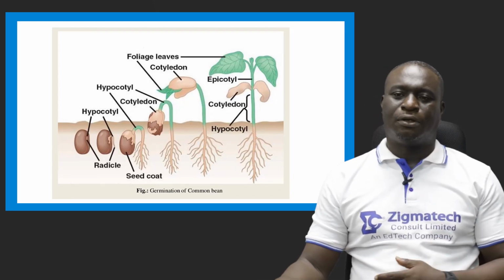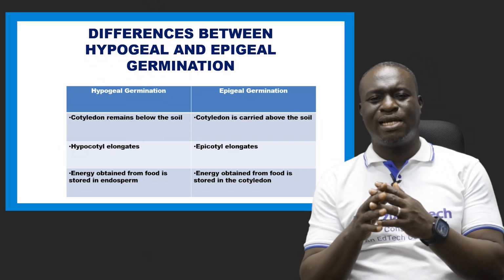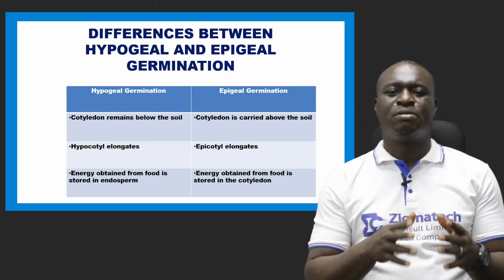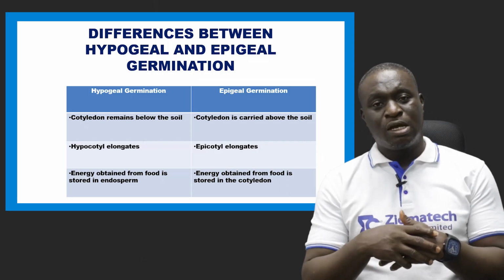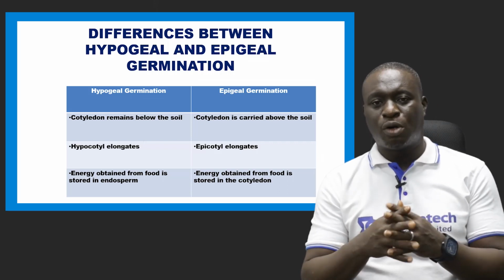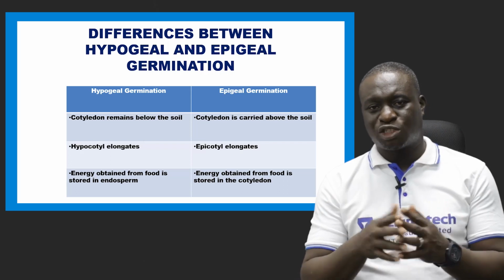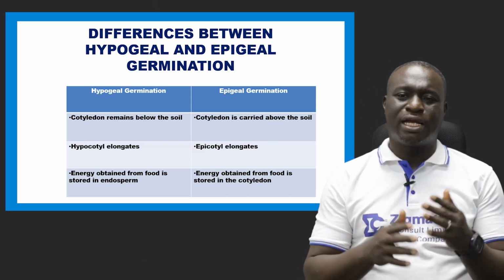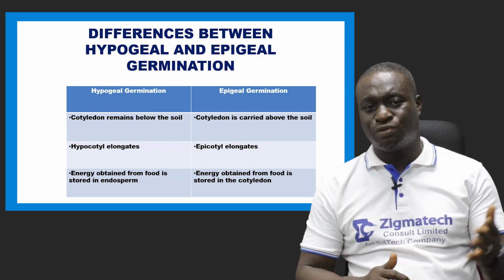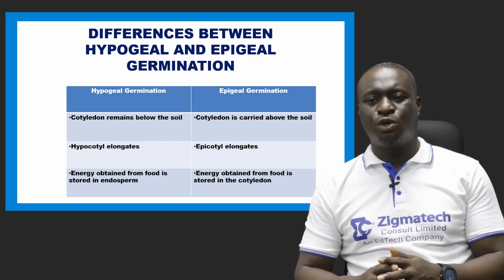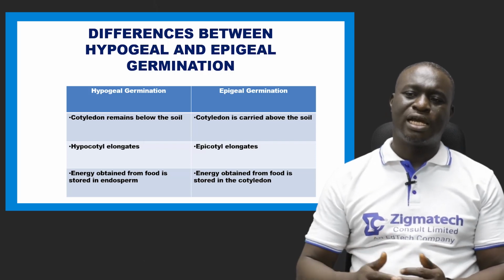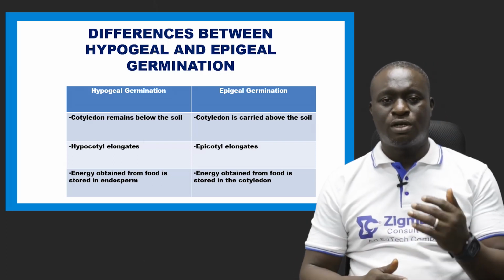All right, now the next thing we're looking at is differences between hypogeal germination and epigeal germination. Very important question that usually pops up, theory questions that actually come out. Number one is that the cotyledon, in terms of hypogeal germination, as we've just mentioned, remains below the soil, while in epigeal germination, the cotyledon is always carried above the soil.